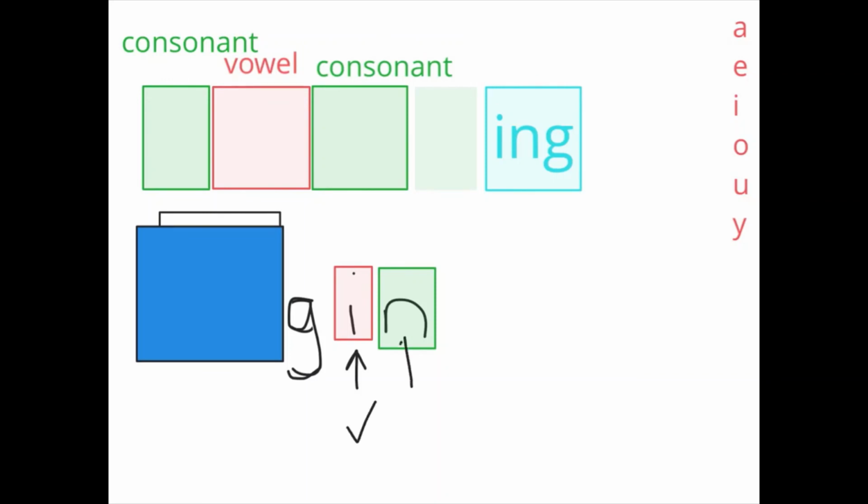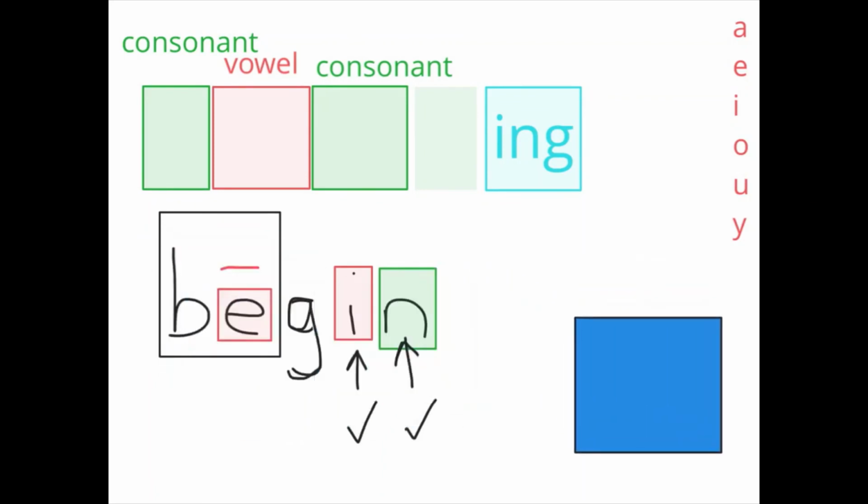We look at the final consonant and there is only one letter in there, check. Okay, no blend, no digraph. So far so good. It's looking like we're going to double that final N, but there's one more thing we need to check: if this is a more than one syllable word, and this word has 2 syllables.